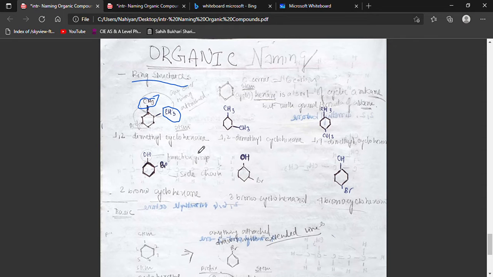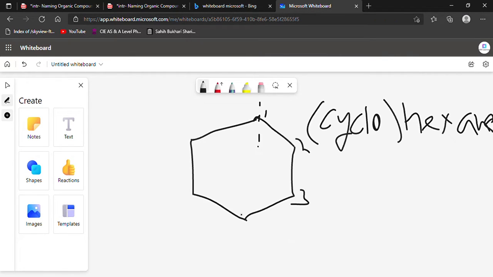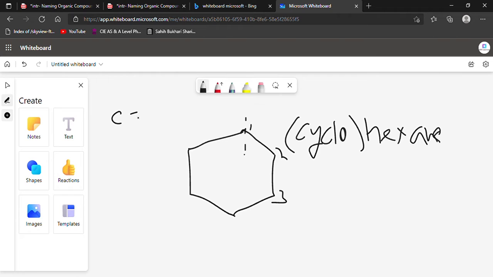One thing you need to remember is that though cyclohexane is a sort of cyclic alkane, it has the general formula of an alkene, because in an alkene there is a double bond, and therefore it can have less hydrogen. The same thing happens as the sixth carbon attaches to the first carbon again.